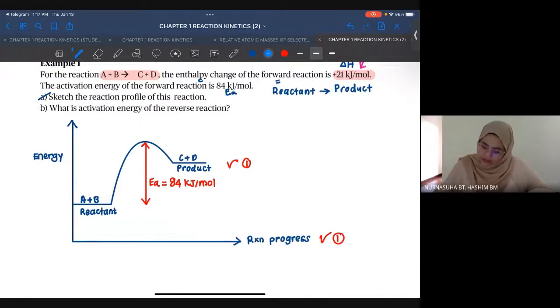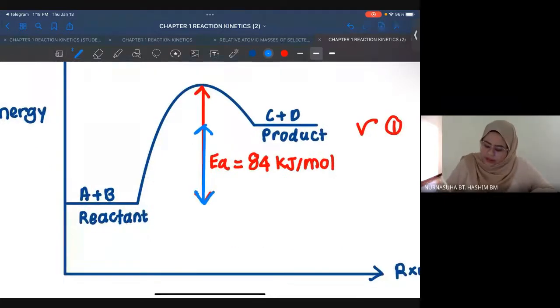Okay, next. Apa lagi yang dia bagi ya? The enthalpy change of the forward reaction. Okay, dia bagi delta H. Delta H pula adalah, ukuran dia adalah daripada beza energy of product and also energy of the reactant.